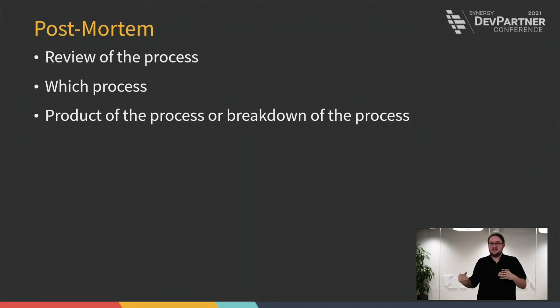Were things not working the way the process had them outlined, or does the process itself need improvements? These are very specific differences between how these two work, so we want to make sure we identify specifically whether it's a product of the process or just that the process wasn't executed the way it was supposed to.